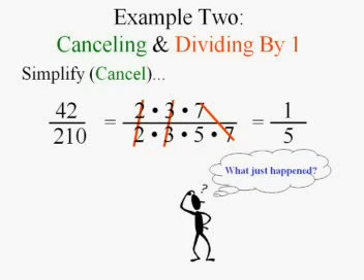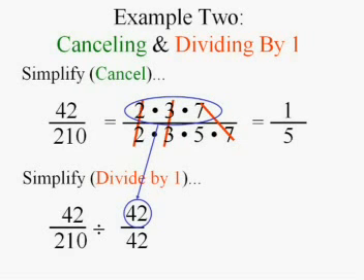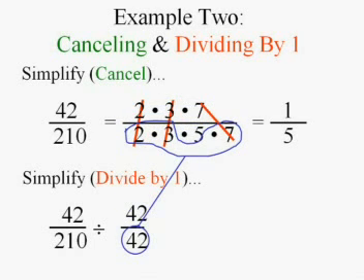Now, what actually happened to 42 over 210 is that we divided by 1 in the form, believe it or not, 42 over 42. 2 times 3 times 7, it's much easier to deal with in that form, is 42. And 2 times 3 times 7 is also 42.